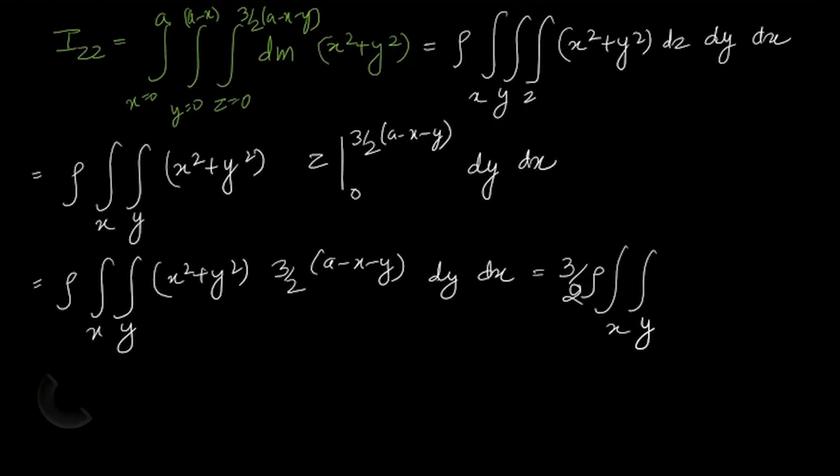So it's 3 by 2 rho, xy. So let's do the multiplication: ax square minus x cube minus x square y, then plus y square a minus y square x minus y cube, and then dy dx.